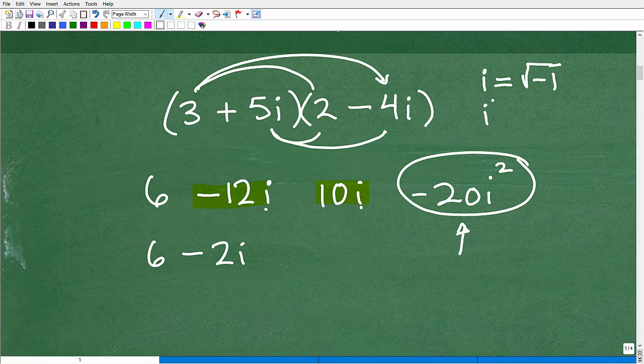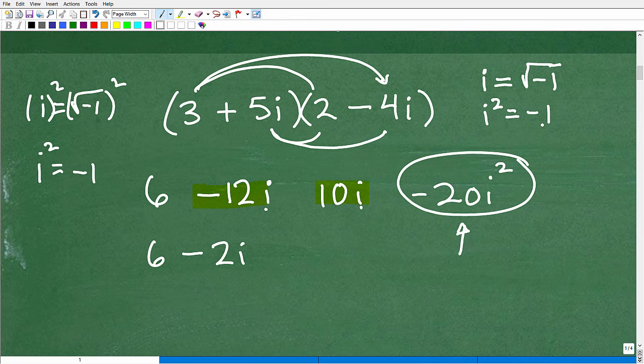So i squared would be what? Well, we just square both sides, and this square root goes away, right? So in other words, if i is equal to the square root of negative 1, if I square this and I square this, I get i squared is equal to negative 1. Okay, so i squared is equal to negative 1. So this right here is negative 1.